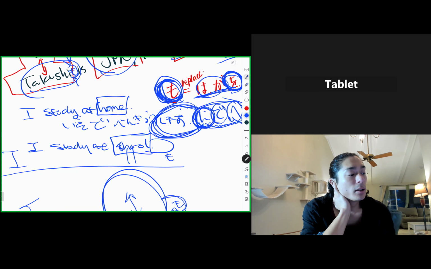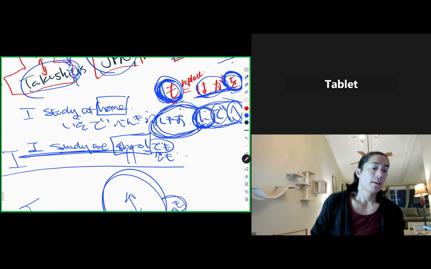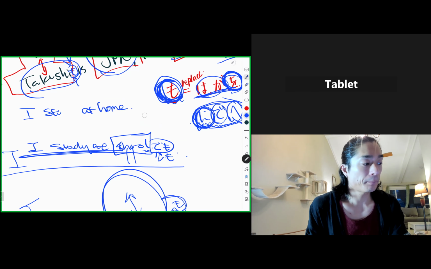But then study at school, school is the place of action. So 学校で, this function mo doesn't have, so mo does need this help. So we add mo after. So 学校でも勉強します。Okay? So make sure you know that. That's the important part. Okay?